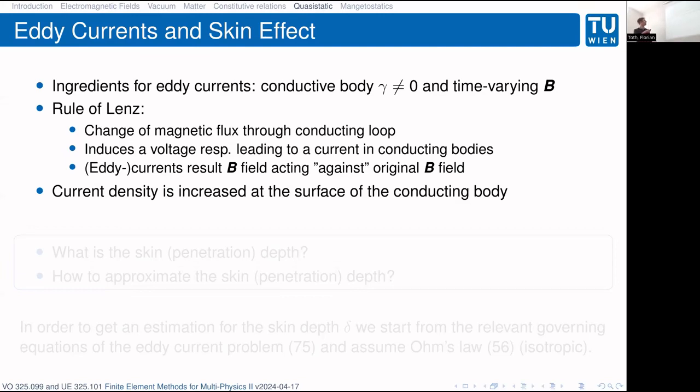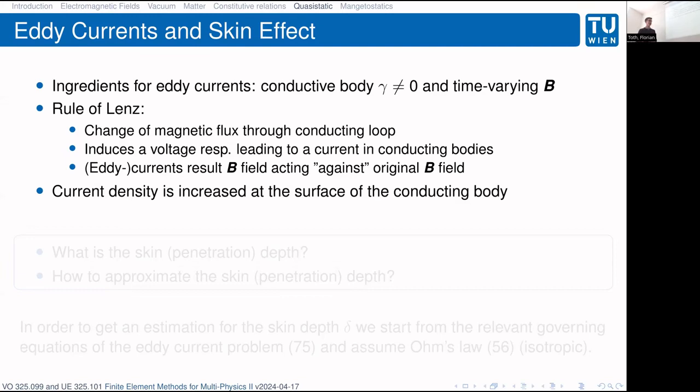So in general, magnetic flux through a conducting loop will introduce currents and the corresponding voltage.